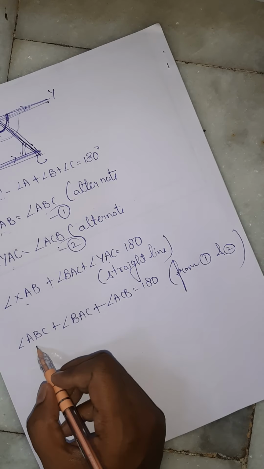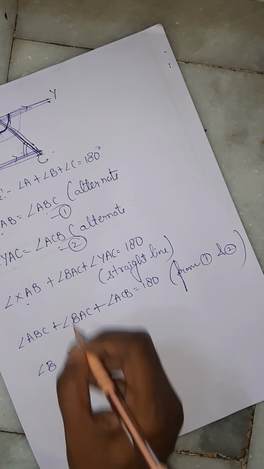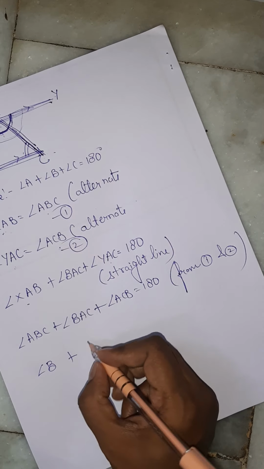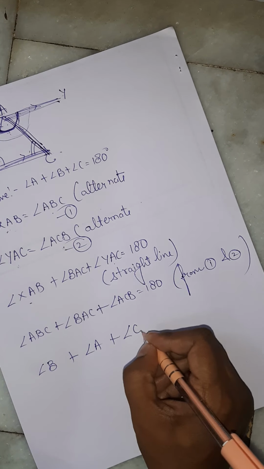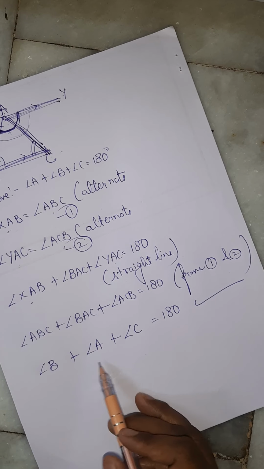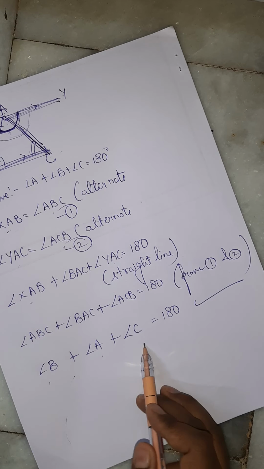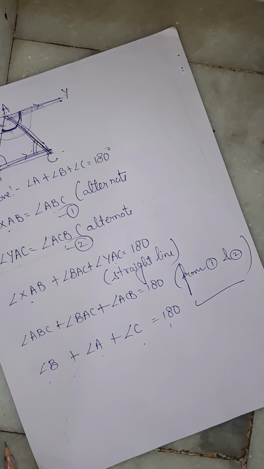Correct? Now, ABC in short we can simply say angle B, BAC angle A, ACB we can say angle C is 180. So now can we say that yes, our proof is complete. The sum of all the three angles, angle A, angle B, angle C, is 180 degree. This is the proof of this theorem.